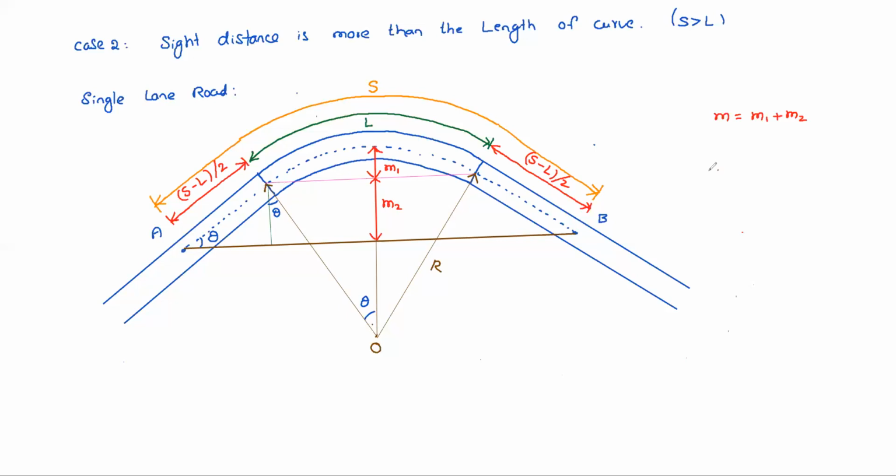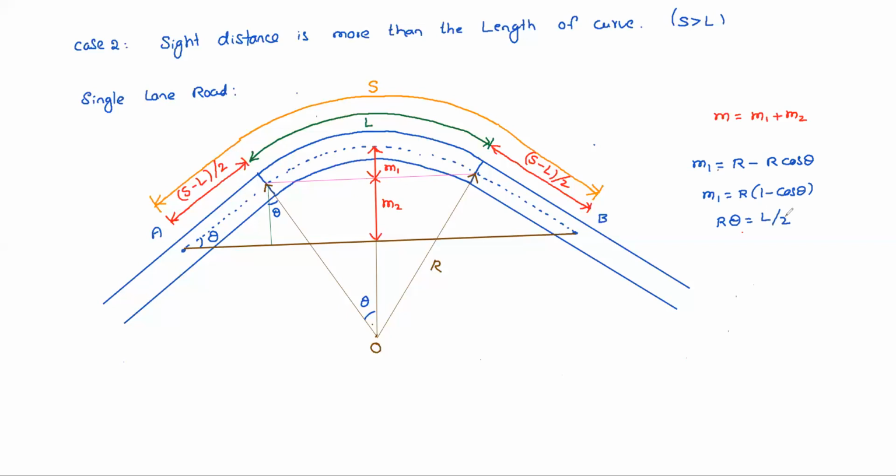We'll see. Here M1 equal to R minus R cos theta. You can check it, okay? Otherwise, that equals R into 1 minus cos theta, where theta, how to find theta?